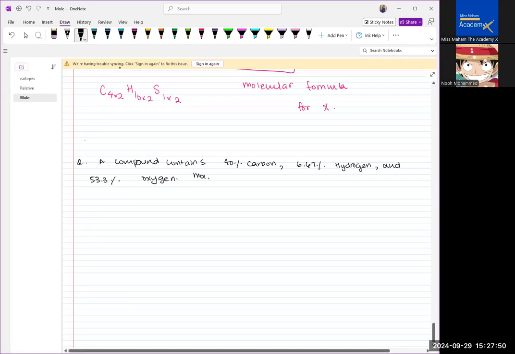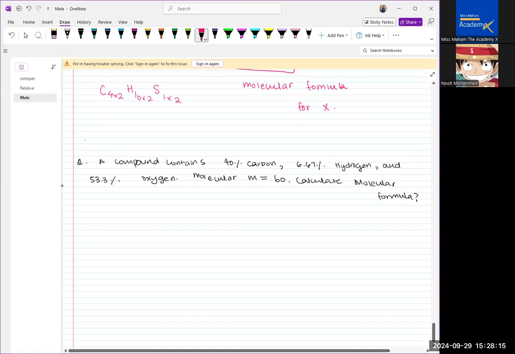The molecular mass is 60. Calculate the molecular formula.